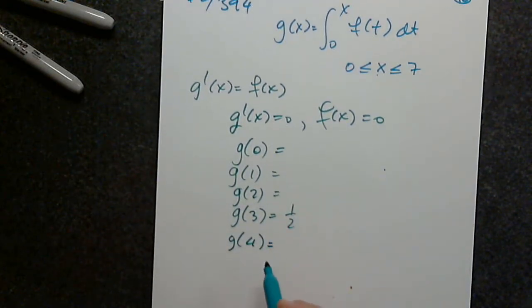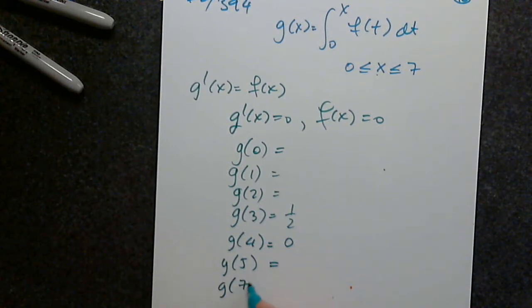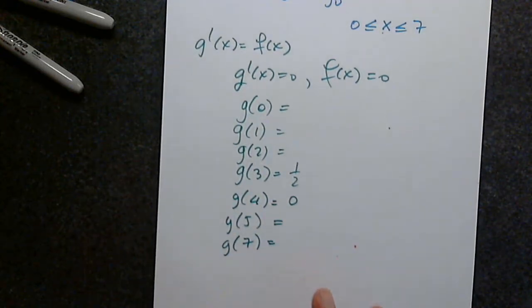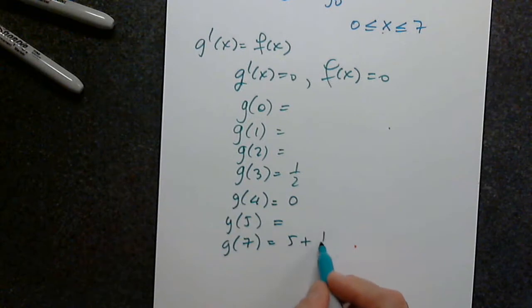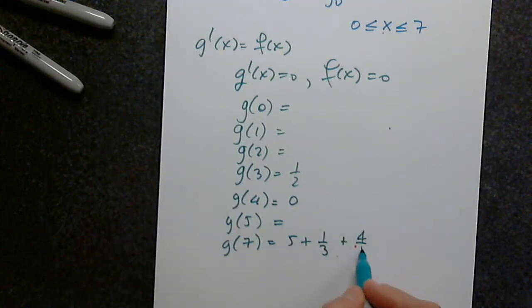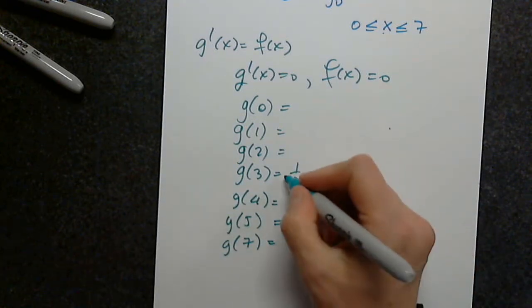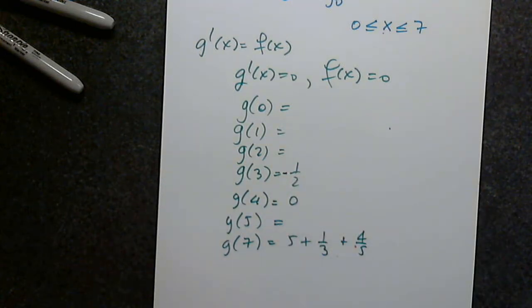We determined g of 4, which was 0. G of 5 we did not determine. And we determined g of 7, which was roughly 5 plus 1/3 plus 4/5. Yes, g of 3 was negative, it matters. Thank you.